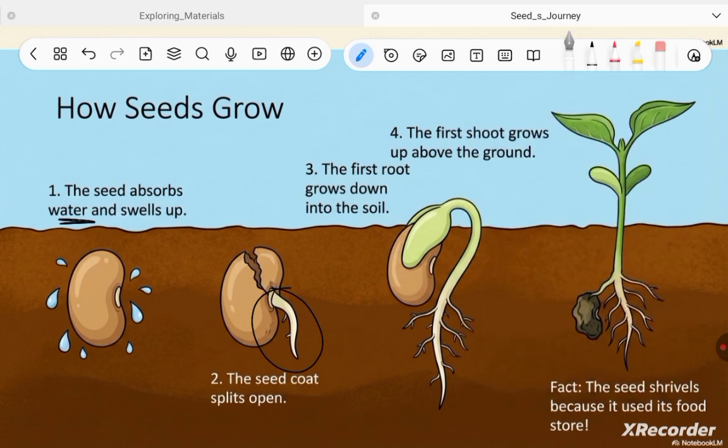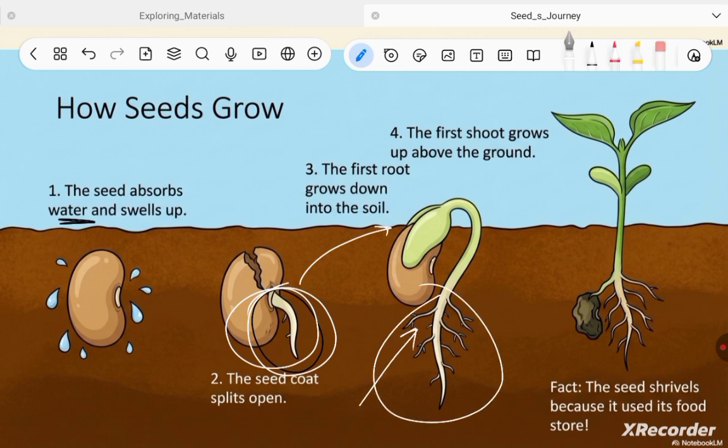It produces this tiny embryo here, and then that tiny embryo turns into this. It starts growing roots. This is the root, and then it starts growing the leaves. And so after that, the shoot. Remember, the root is the part of a plant that grows below the soil.